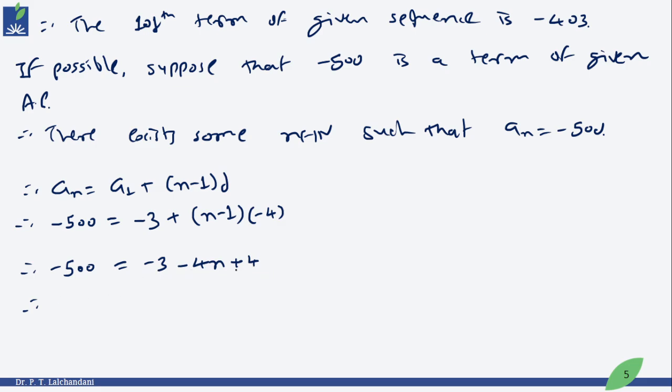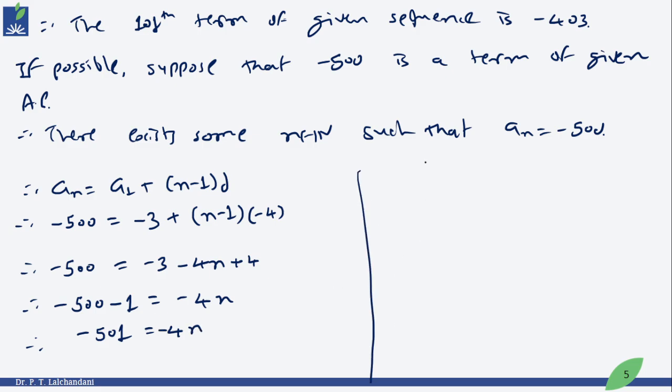So taking plus 1 to the left hand side, it will be minus 500 minus 1 is equal to minus 4n. Minus 3 plus 4, that is plus 1. So minus 500 minus 1 gives minus 501 is equal to minus 4n. We can observe that the minus sign is cancelled out.